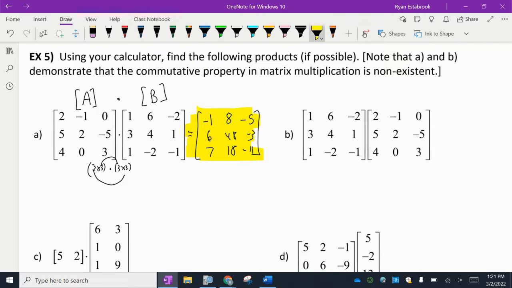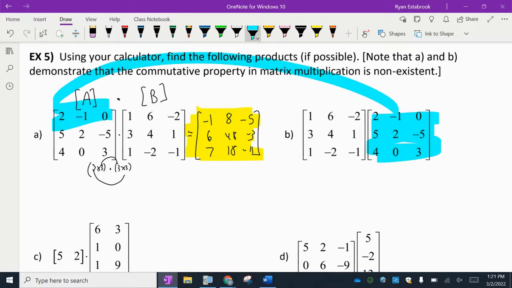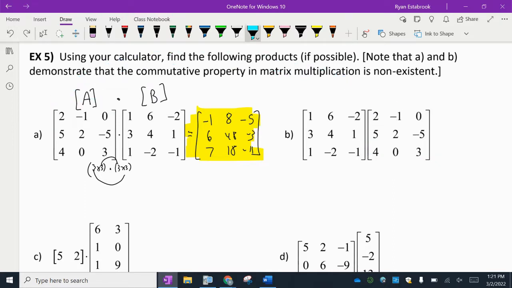The good news is you've already done all this data entry. This matrix right here is matrix B. And this matrix right here is matrix A. So on your calculator, we're not doing A times B, we're doing matrix B times matrix A. And because it worked one way, it doesn't mean that the other way is going to work also.